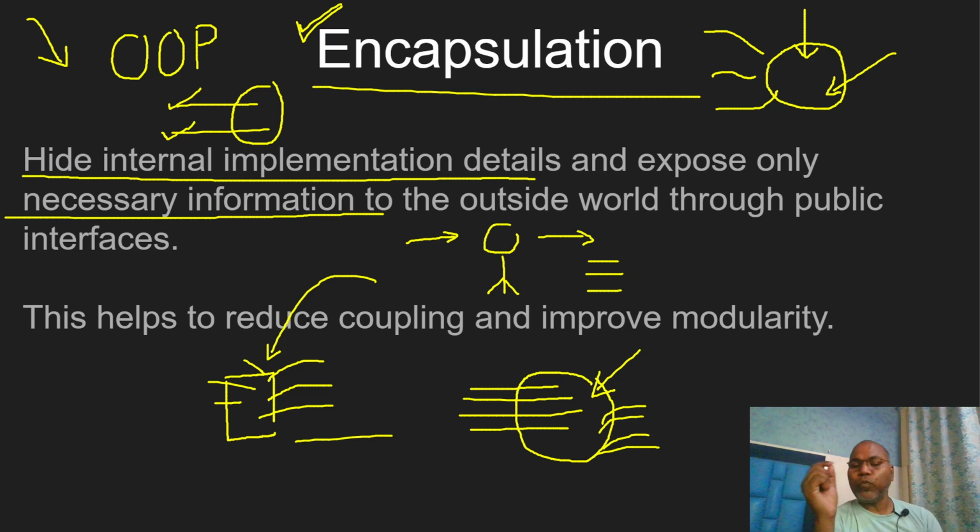So please ensure that whatever attributes you define, if some information is really necessary to be accessed by outsiders, you expose that information to the outer world. But if some information is very critical and not required, and someone outside of the box could access it unnecessarily, you should hide or protect it.